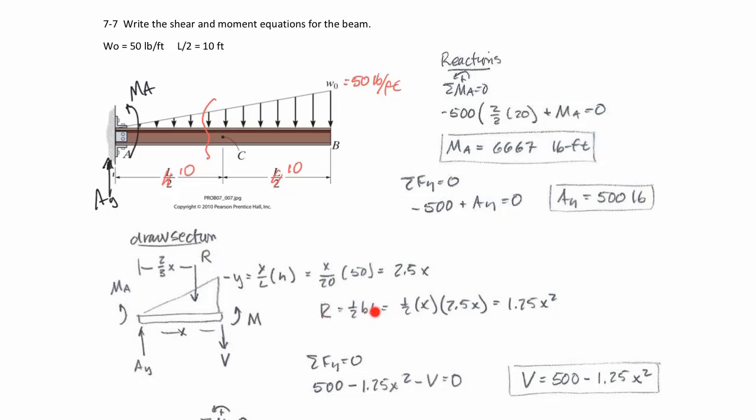The resultant is then equal to 1/2 bh, so 1/2 x times the height, y is 2.5x, which gets 1.25x squared. The resultant acts at 2/3 x, because it's a triangle load, so all we have to do then is sum the forces in the y to find the shear equation.